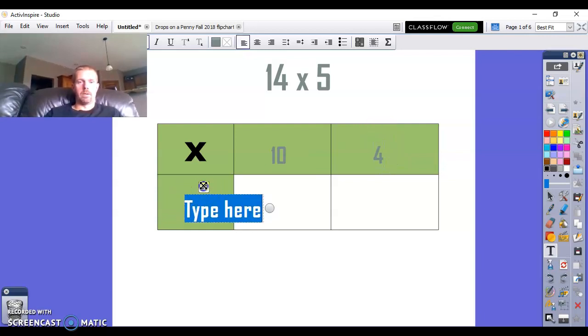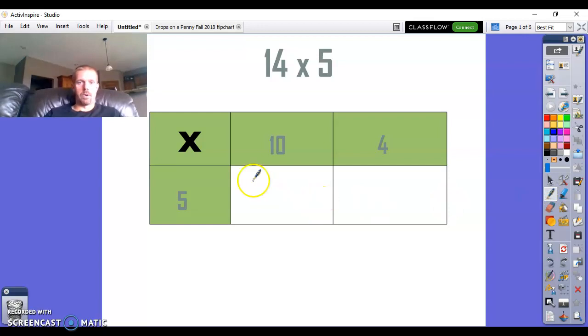And then on the opposite side will be the 5 from here. And then all we're going to do is we're going to come through. I'm going to try to write this, see if I can do it a little quicker. So then we're going to do 10 times 5, sorry about the writing, equals 50.